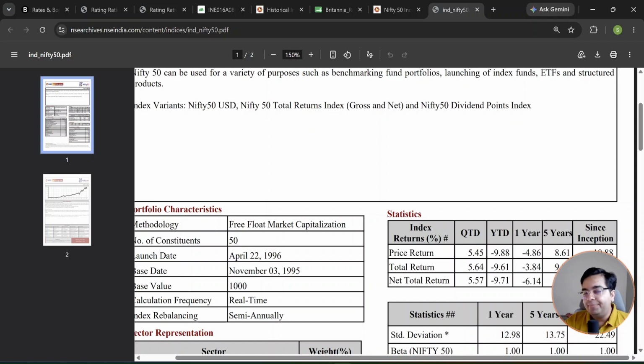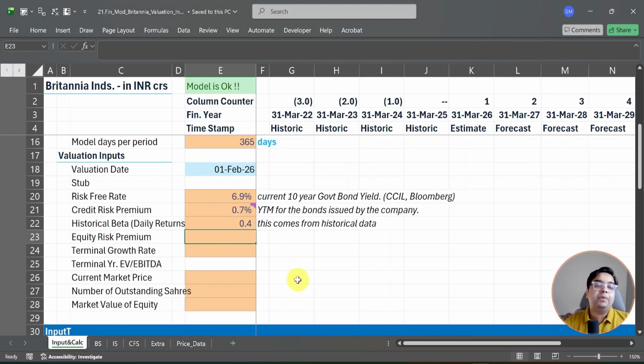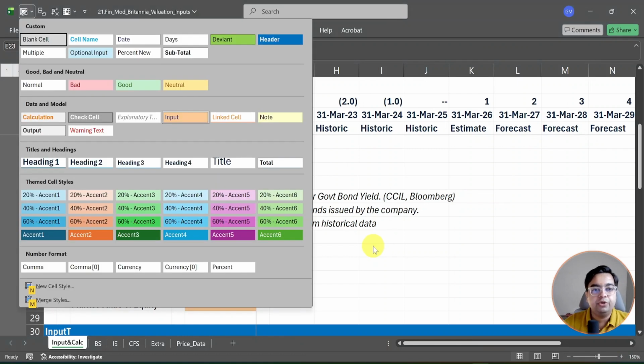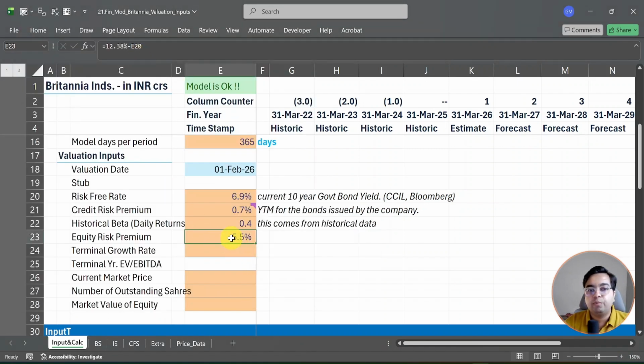So in this CAPM model, which says RF plus beta and the difference between RM minus RF, the RM is going to be 12.38%. So let's come back. Equity risk premium is going to be 12.38% minus the risk-free rate. And here we have equity risk premium, and of course, this will be in percentage, which is 5.5%.